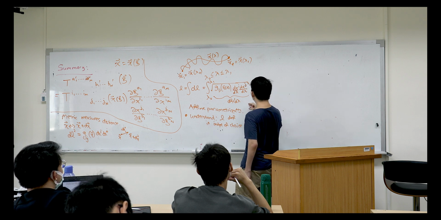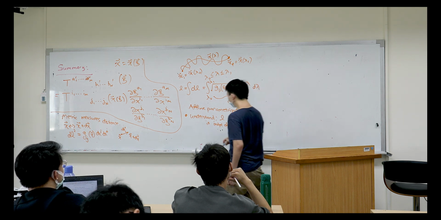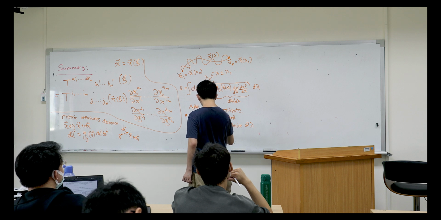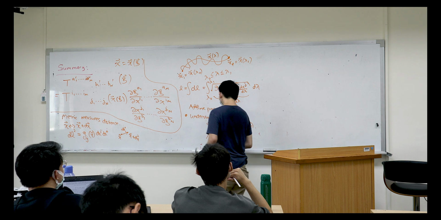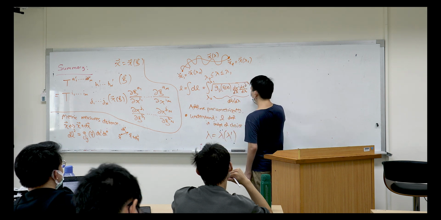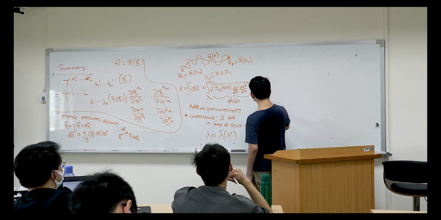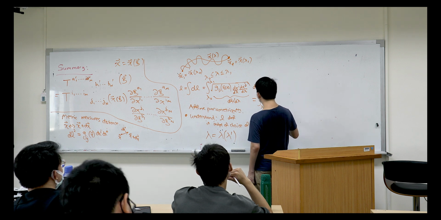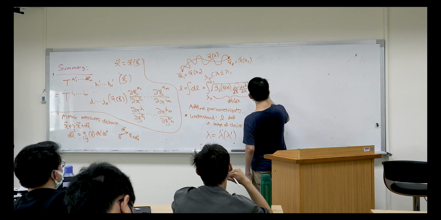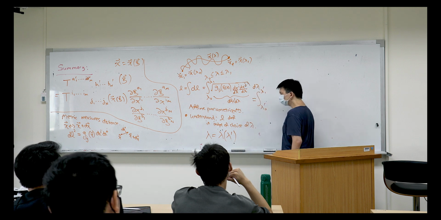If you change your coordinates from lambda to say lambda prime, then you will discover that I can write down the answer immediately. Well, you need to tell me what the new endpoint is, so I'll call it lambda 0 prime. What's the new endpoint? Lambda 1 prime.